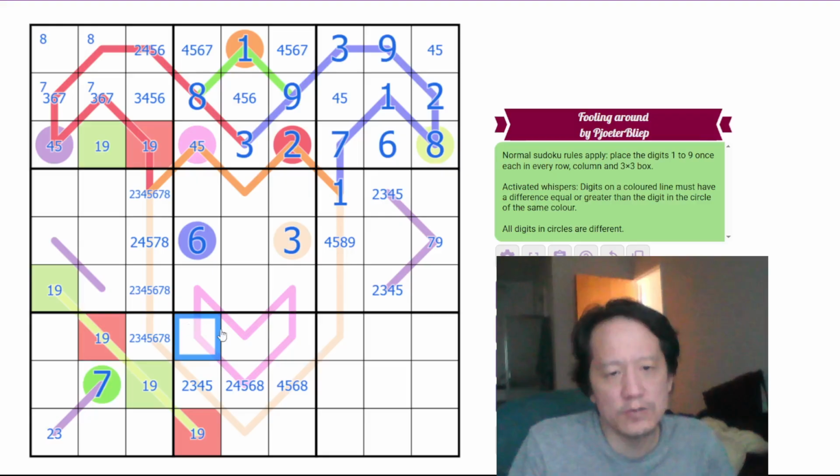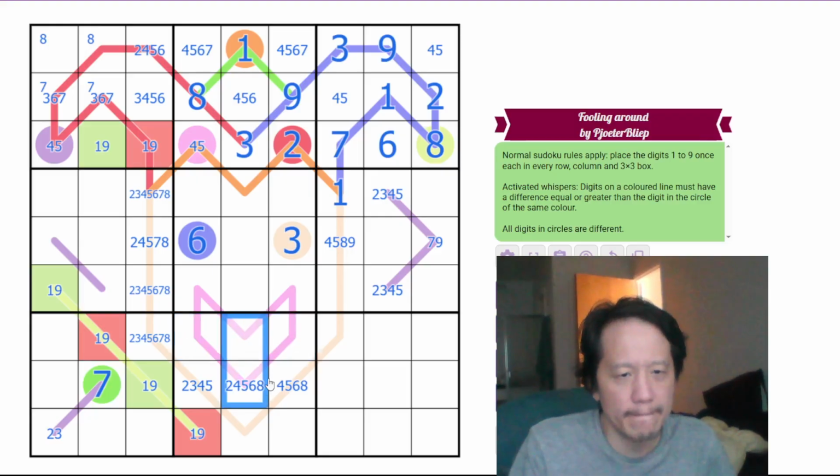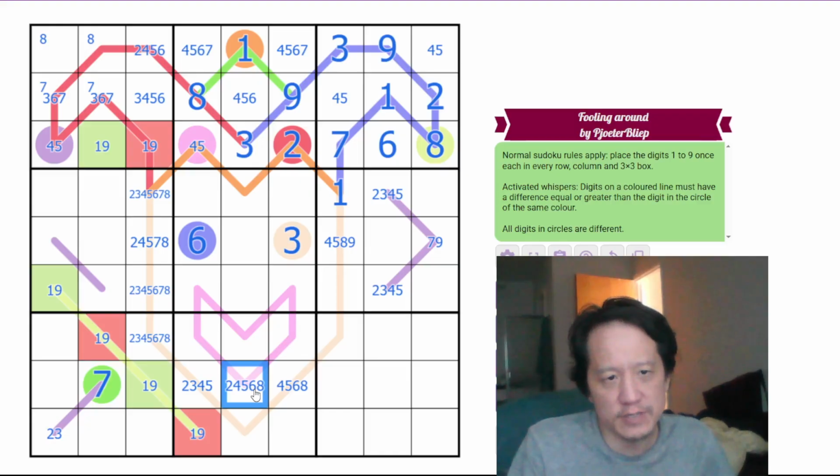Pink. Does pink work? Okay. As a 5, this would then have to be 2 or 8. This would be the same set as that, but that's possible.